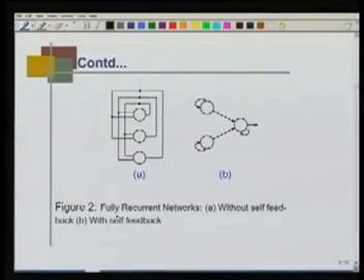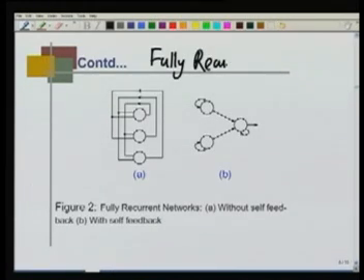Another network is the fully recurrent network. Earlier we saw the partially recurrent network. In a fully recurrent network, you see that the input to this neuron is coming from this neuron as well as this neuron. You can easily see that this one is given here, and again this one is given here.